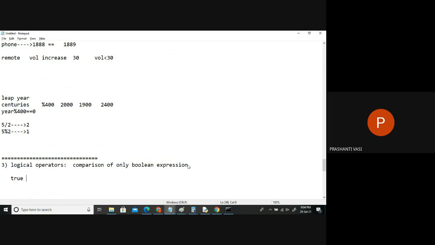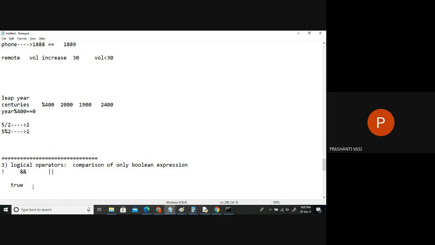Directly, we are not always writing true and true. Logical operators are like, we can say double AND, or we have a NOT operator, and the last one is the OR operator. These are all logical operators.